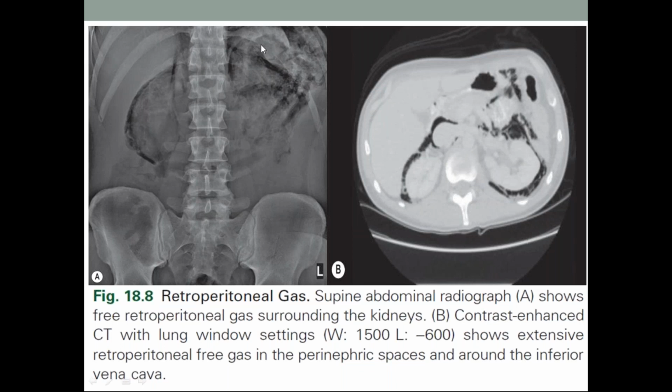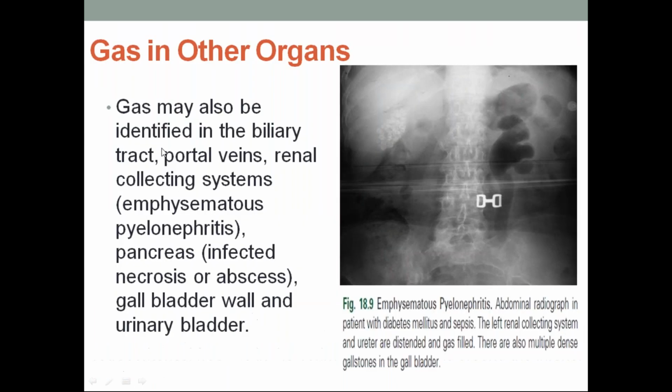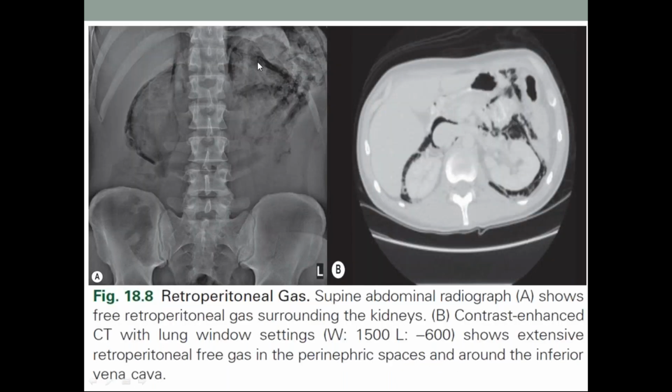We will see here the gas in the retroperitoneum. Actually, this is the renal area, the kidney area. We see the borders of the surface of the right kidney, and linear lucencies surrounding the kidneys. You will also see some retroperitoneal areas.